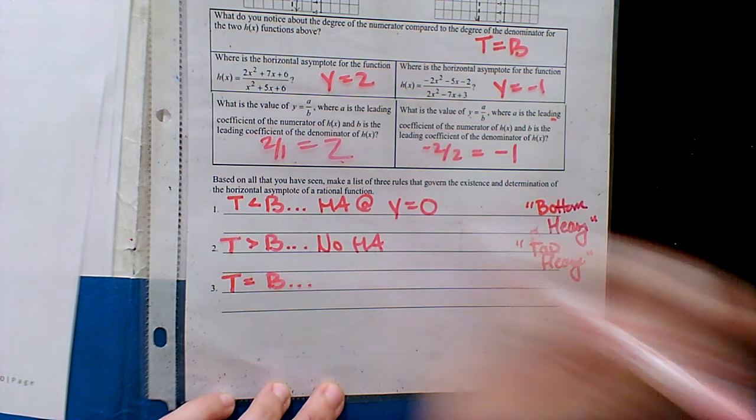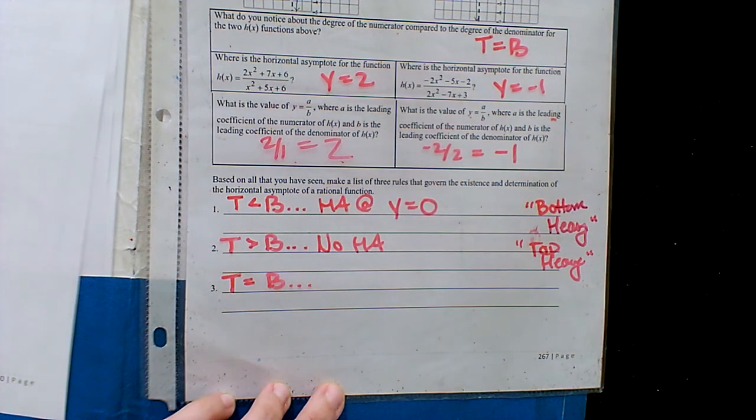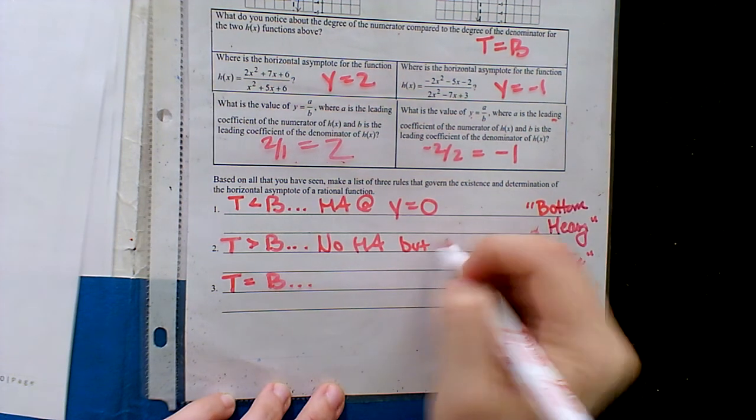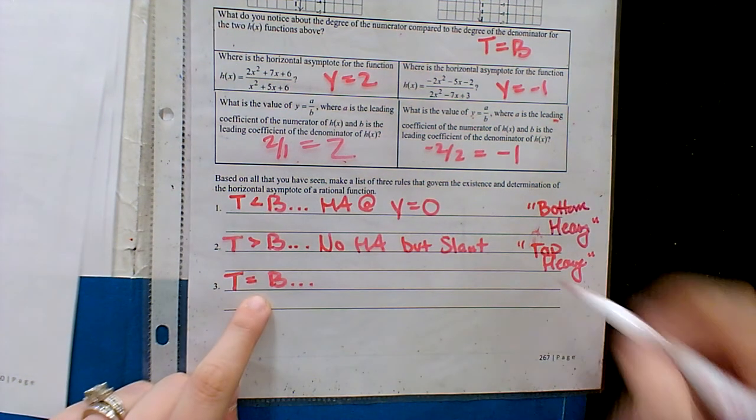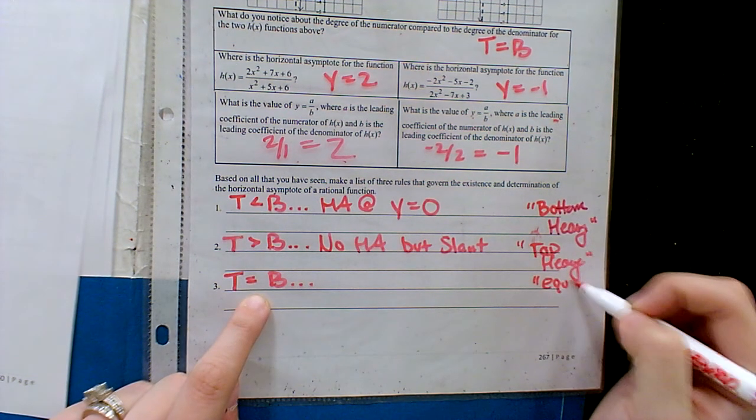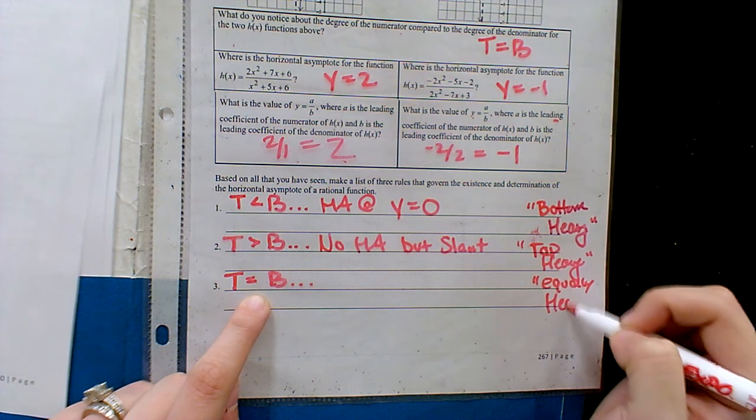So there's no horizontal asymptote, but what do we actually have? A slant. Okay, so there's some other dotted line that we approach. It's just not perfectly horizontal. It happens to be diagonal. There's some slope to it. What if the degrees are the same? So you might hear me call this equally heavy.